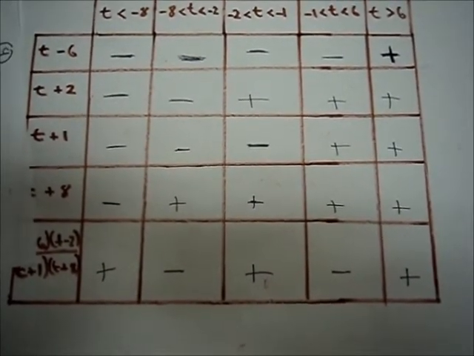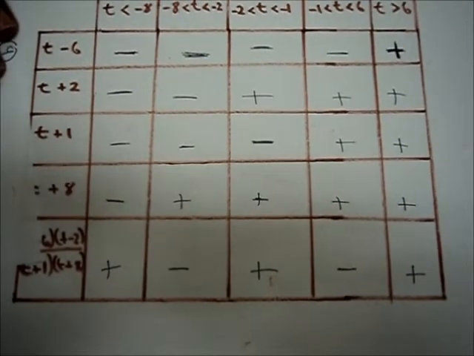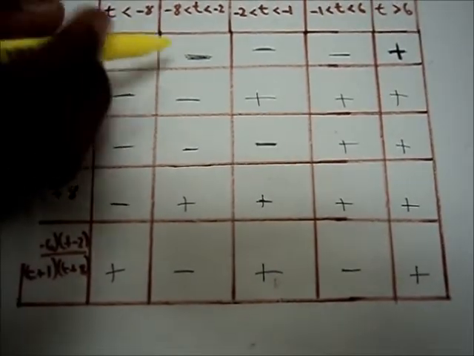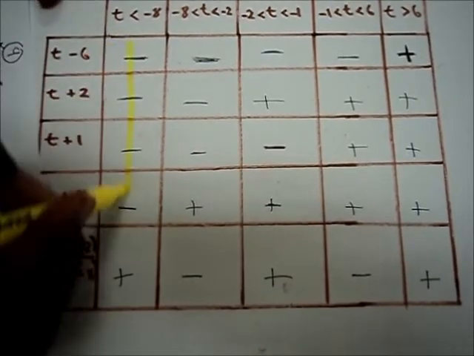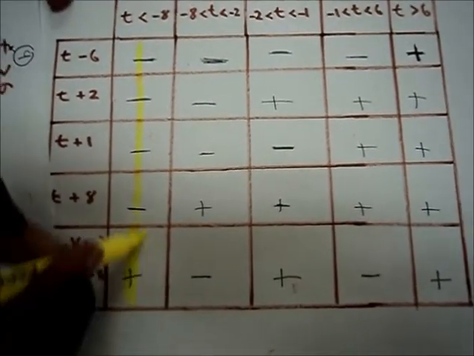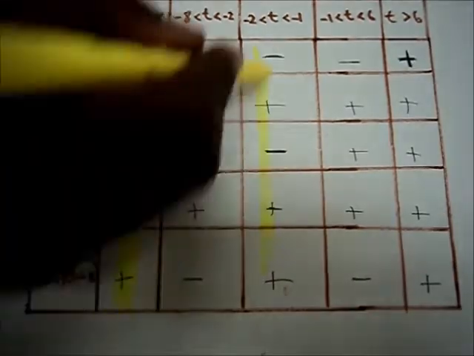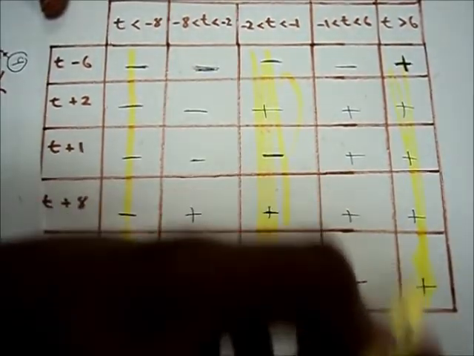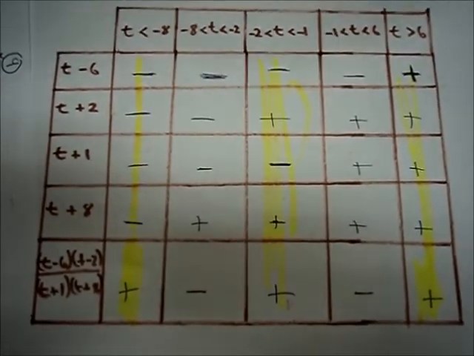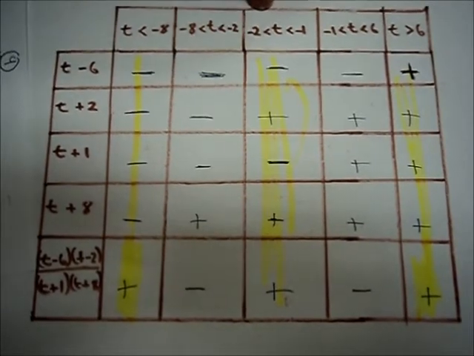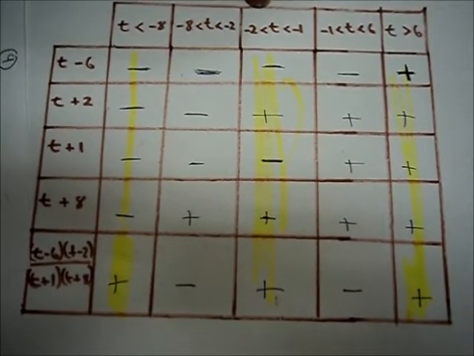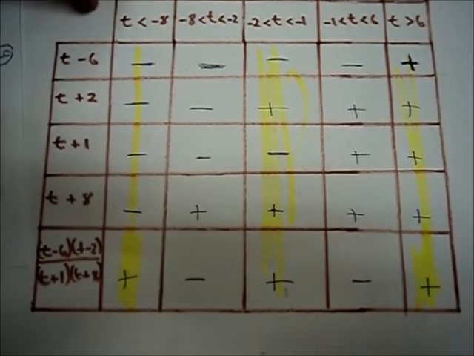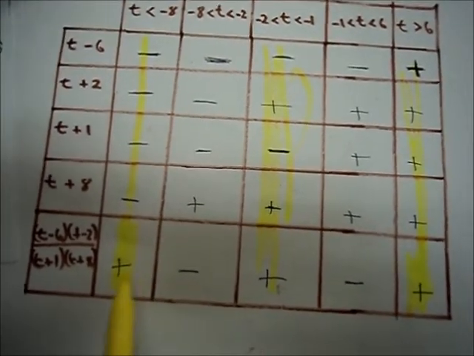So for our whole inequality, we're taking all the positive ones, which I'm going to highlight right here, and this one, and this one over here. So these are the intervals that we would use: t greater than 6, t greater than negative 2 but less than negative 1, and t less than negative 8. These are our positive intervals.